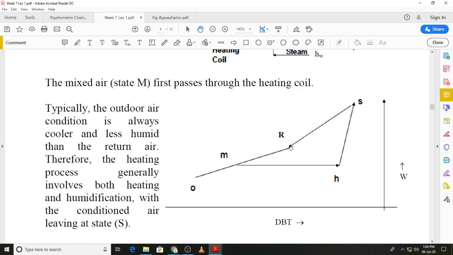Similarly, state R, that is the desired state in the conditioned space, is at a higher temperature and a higher humidity ratio. So the air which is mixed at state R with state O will be at state M, an adiabatic mixing of two air streams. The resultant state M must lie on the straight line connecting states R and O.